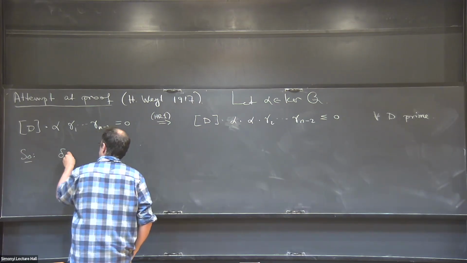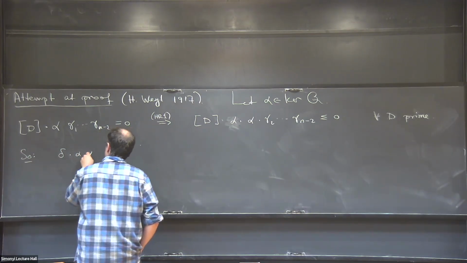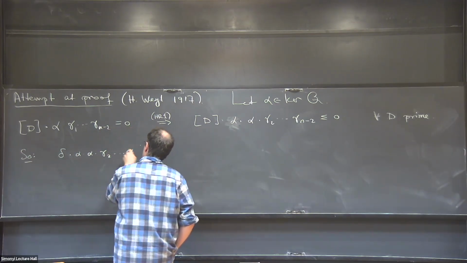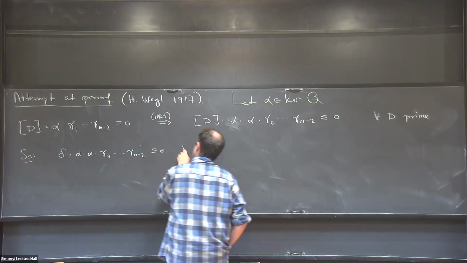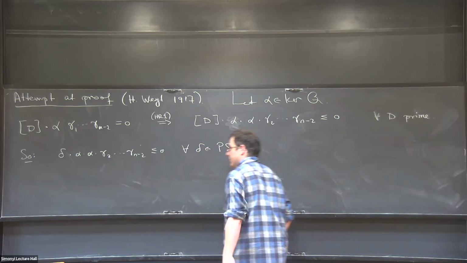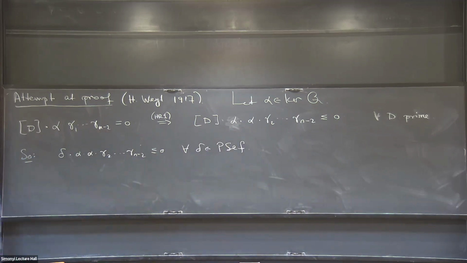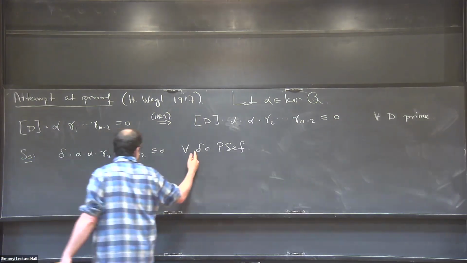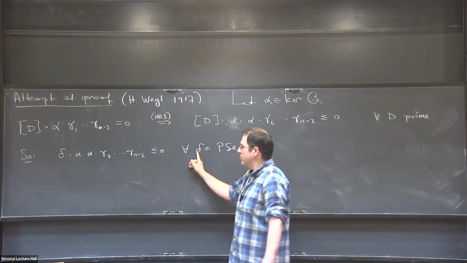Let's say delta dot that, with delta pseudo-effective. Now what I want to do is choose one particular delta, which is gamma 1.